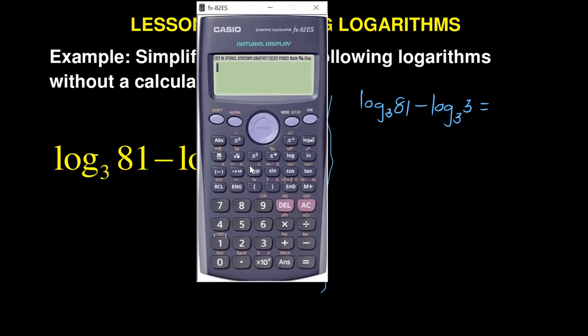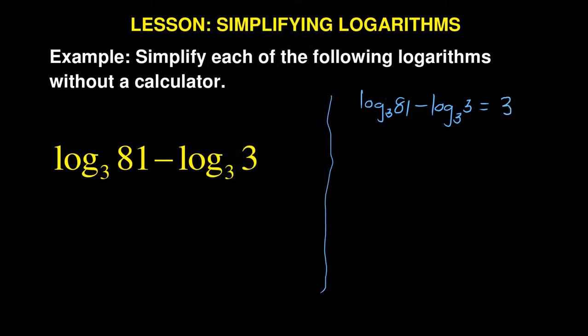So you punch the log with the base. There is the log, you put the 3 there, you have got 81, and then minus log, the base is 3, and the number there is 3. The first part of the answer is that you are getting a 3. Okay, so far so good. I must get my answer as 3.